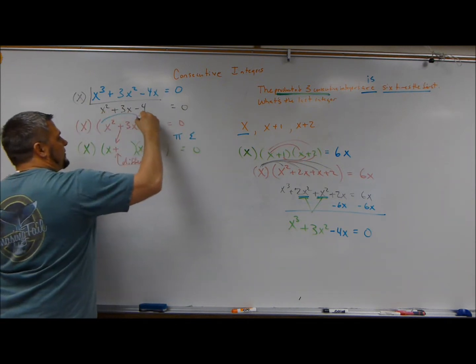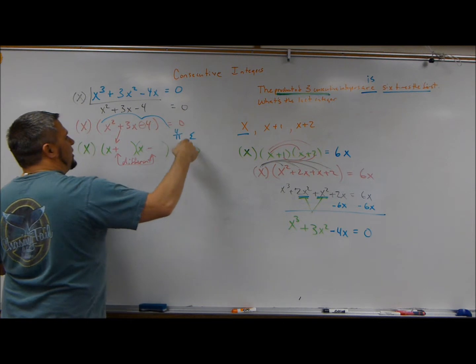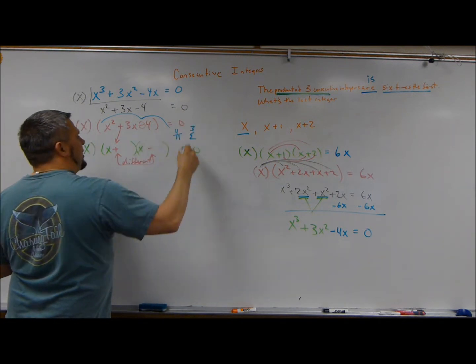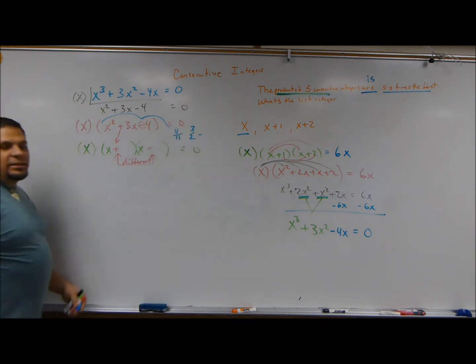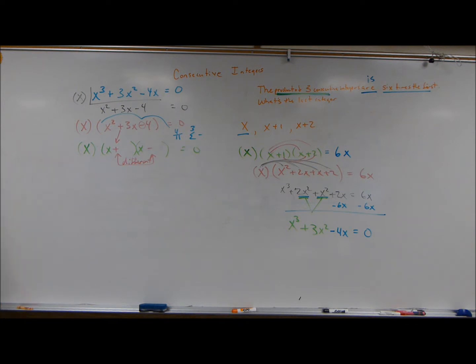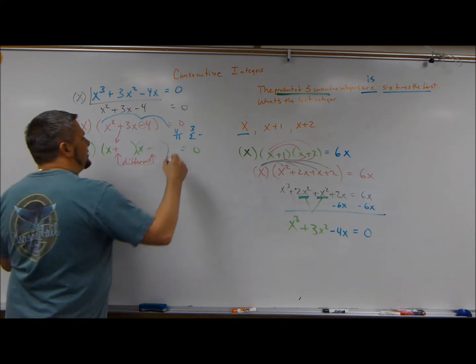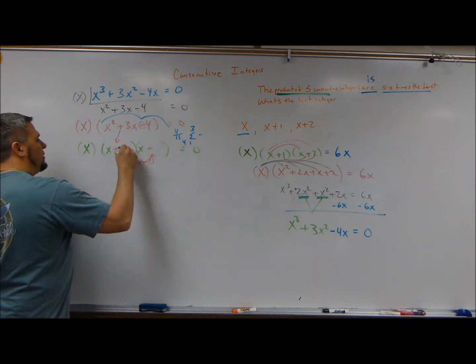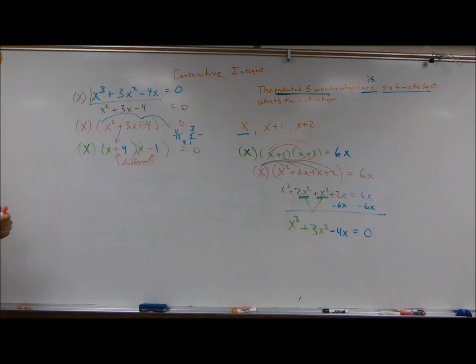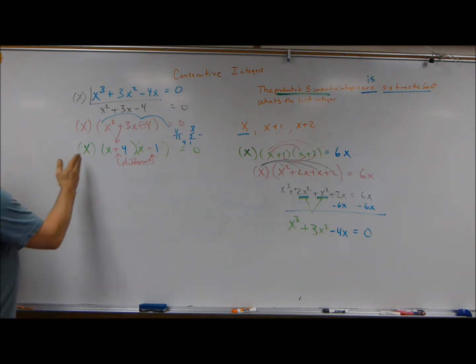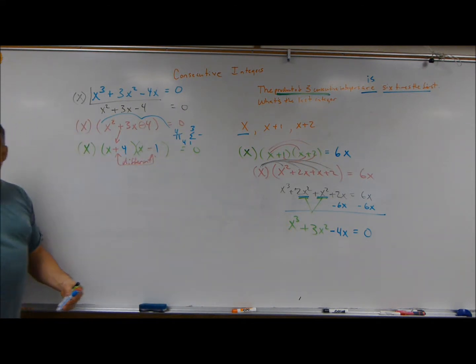My product is first times last, which is 4. My sum is 3. I'm subtracting in the sum. So two things that multiply to be 4 and subtract to be 3: 4 and 1. There's no star variable, so I don't have to take anything out. Now I have my 3 factors that equal 0.